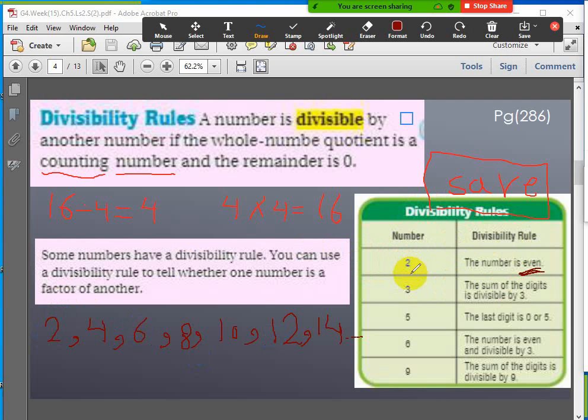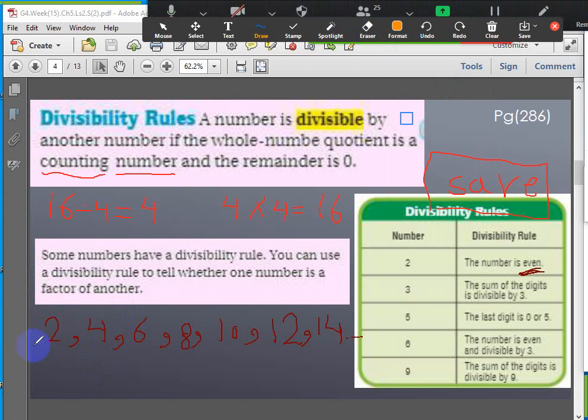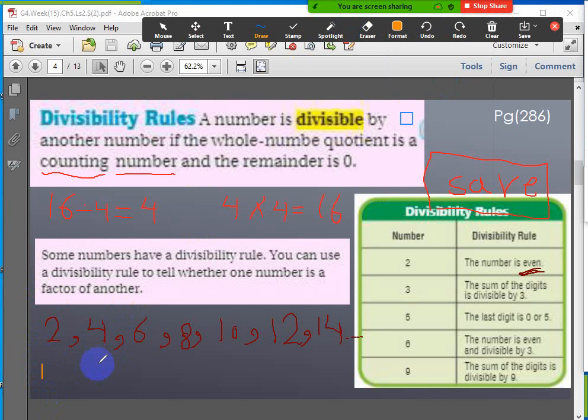2 divided by 2 equals 1. 4 divided by 2 equals 2. 6 divided by 2 equals 3. Is there any remainder?